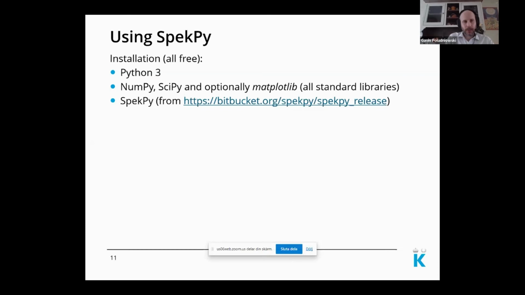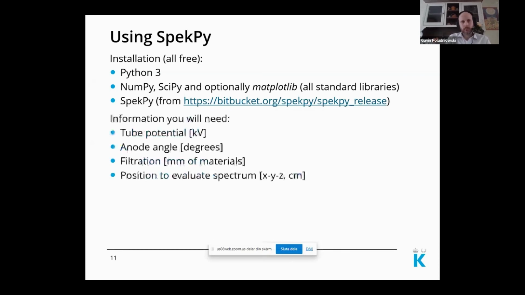And then you need to get SpecPy from this URL. So assuming you've installed it all correctly and you've looked through the example scripts and run one, and then you want to begin modeling your own beam that you want to have a predicted spectra for, what information do you need as inputs?